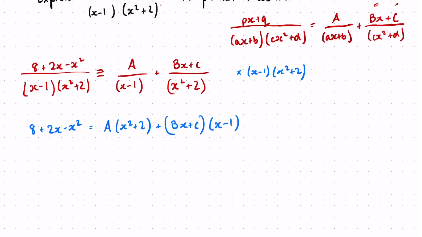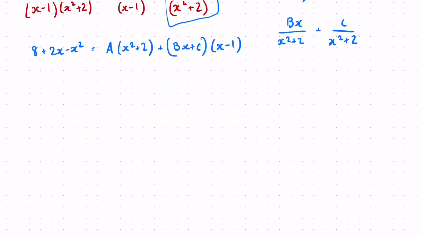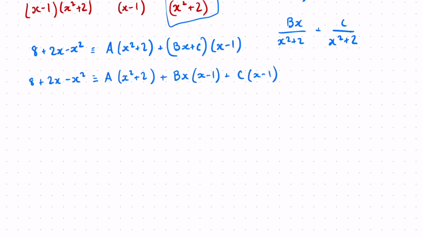The thing that I would do though is I would consider that I can actually split this fraction here to bx over x squared plus 2 plus c over x squared plus 2, which means I can rewrite this as 8 plus 2x minus x squared is equivalent to a lots of x squared plus 2 plus bx x minus 1 plus c x minus 1.